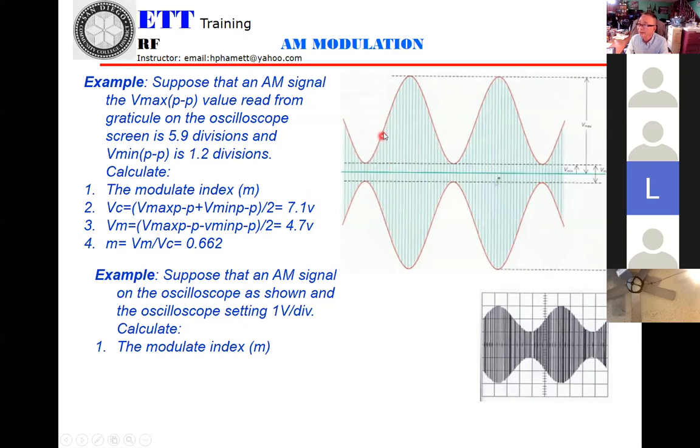You see that? They keep going. So that's why they call it amplitude modulation. When your voice goes up, they go up; when your voice goes down, they go down and keep going.